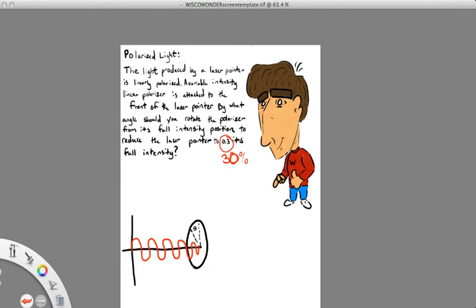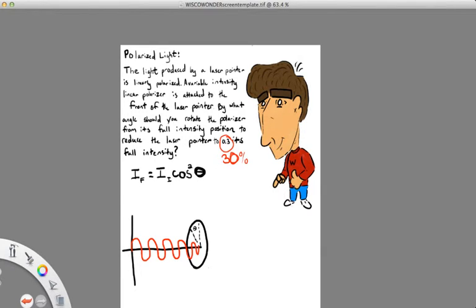So, the equation for this is that the final intensity is equal to the initial intensity times the cosine squared of the angle.